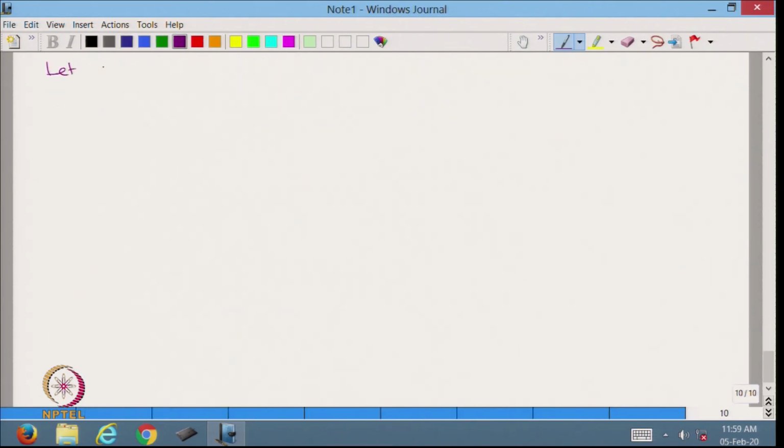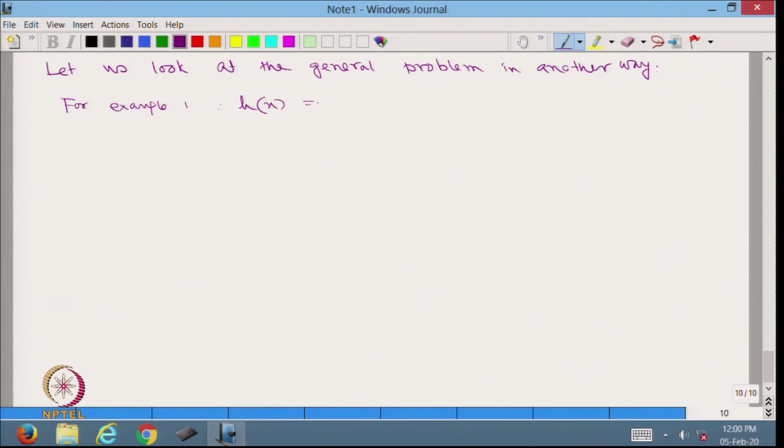Let us look at the general problem in another way. Say, for example 1, h(x) equal to 3x plus 1 is equal to y.